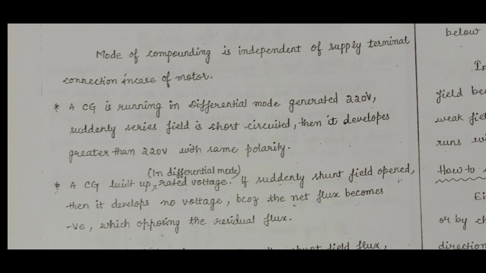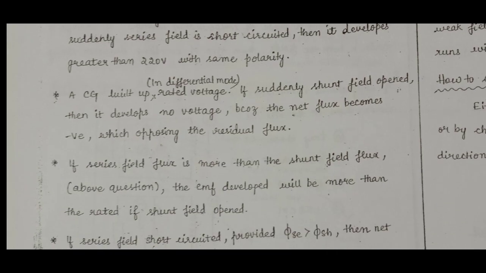So the net flux is phi net equal to phi sh. Because phi sc is 0, the net flux available in the generator is greater. So when net flux is greater, the voltage developed by the generator will be greater.